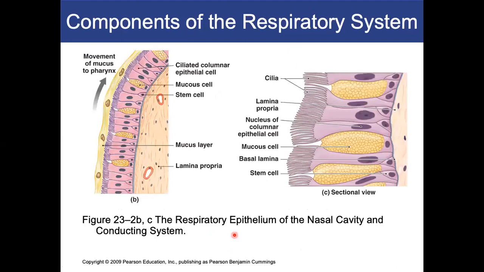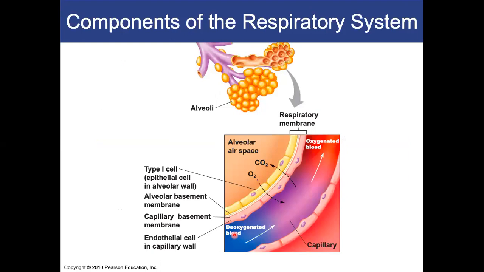We can skip this one. We talked about it in the anatomy slide. The gas exchange area is the alveoli, right? One is an alveolus. So the alveoli are cluster-like sacs. They look like clusters of grapes, and they have epithelial cells that make up the alveolar sac.